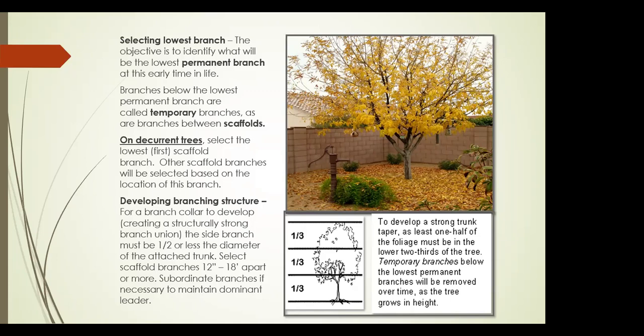So that branch should possibly have been not removed, but at least slowed down. And the way you slow branches down, so it doesn't grow larger in girth, is to take off some of the leaves, because the leaves feed this branch. They give strength, girth, and size to this branch. The more foliage you have, the more girth you have.